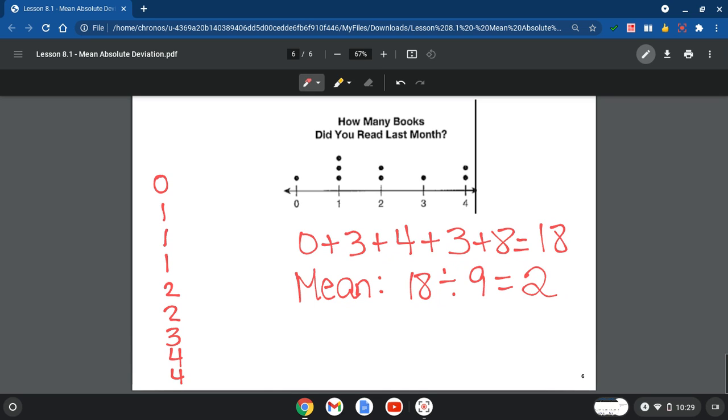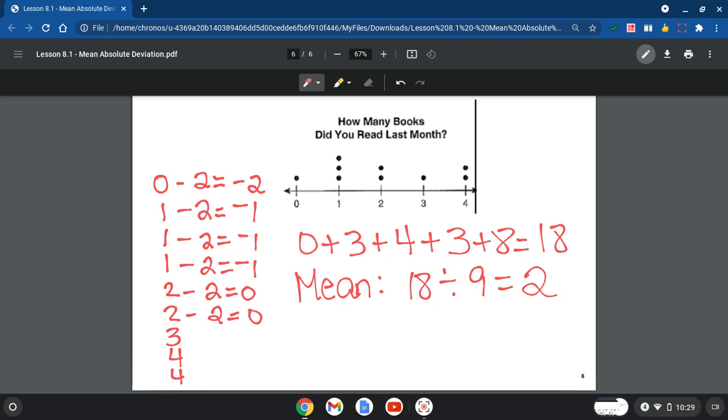If I do 0 minus 2, I would have negative 2. 1 minus 2 gives me negative 1. 1 minus 2 again gives me negative 1. 1 minus 2 again gives me negative 1. 2 minus 2 is 0. 2 minus 2 is 0. 3 minus 2 is 1. 4 minus 2 is 2. And 4 minus 2 is 2.